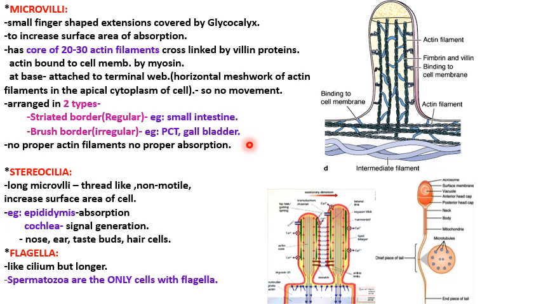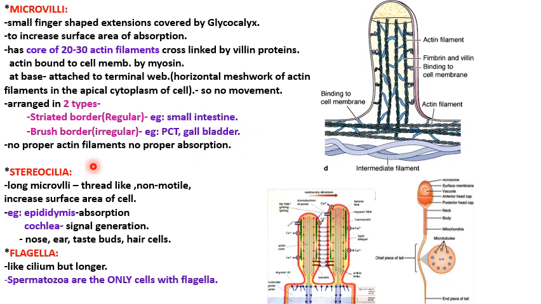And if there is no proper actin filament formation, that leads to loss of absorption. The person will end up with metabolic diseases, because the main function of microvilli is absorption. The microvilli are present only to increase the surface area of absorption, which is taken care of by the actin filaments within the core of the microvilli.